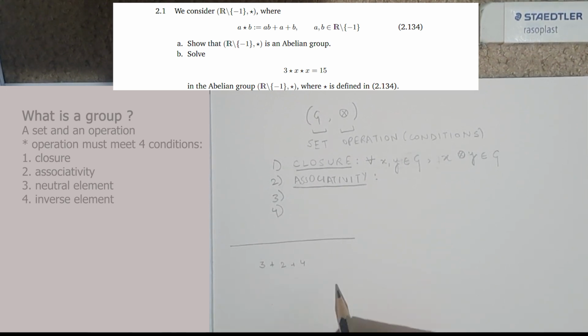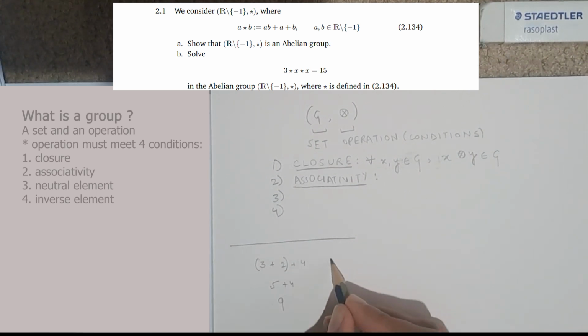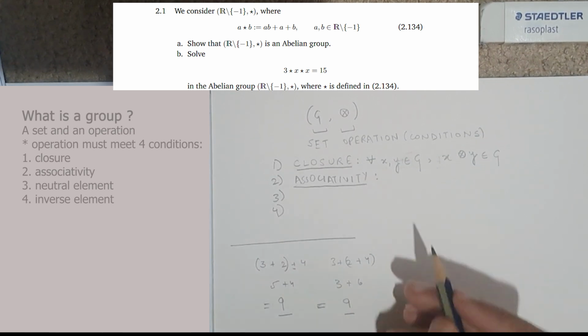I can evaluate this in many ways, but if I take this sum before, this becomes 5 plus 4. That gives me 9. There could have been another way of solving this where I'd taken this before, then it would have been 3 plus 6, it's still 9. You see how regardless of how you associated the addition, the result was the same. Such a thing is called associative.